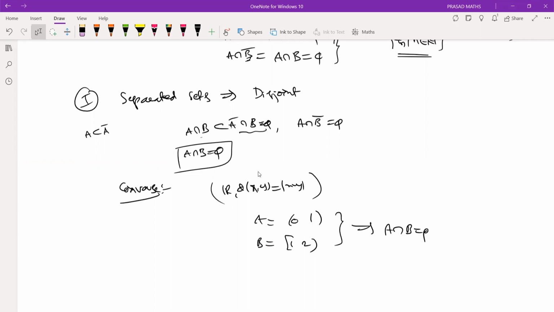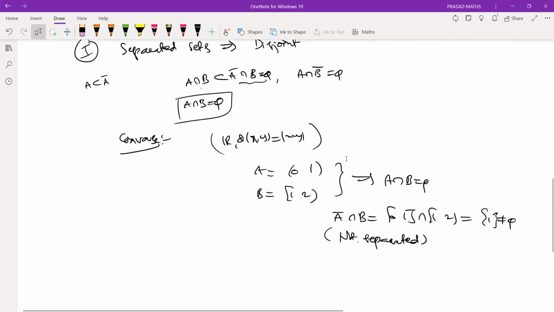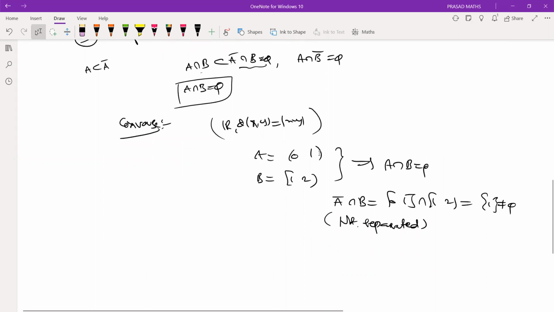Yes, they are disjoint. Are they separated? No. Because A closure intersection B is closed interval [0, 1] intersected with [1, 2), which is nothing but the singleton {1}, which is non-empty. Therefore, they are not separated. So separated sets are always disjoint, but disjoint sets are not necessarily separated.